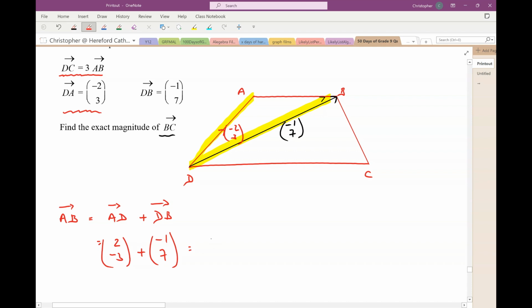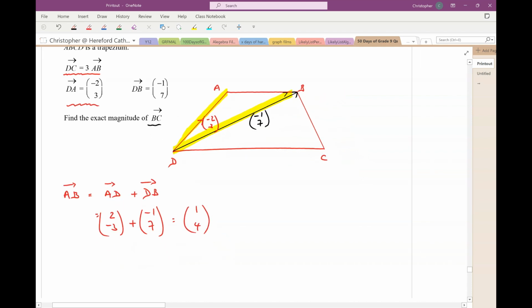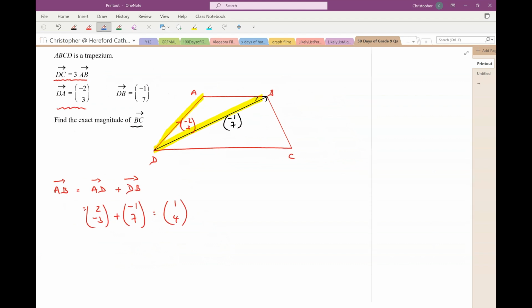So AB is 1, 4. So therefore, DC is 3 times that, right? So DC is going to be 3 times 1, 4, which is 3, 12. So D to C, here we go, it's 3, 12.